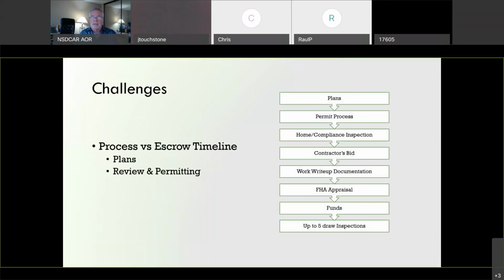One is the timeline it takes to complete this, and the biggest one is we have to put plans together, and plans means hiring an architect. I think architects could be a bottleneck if this market really takes off. I had one push me out 3 months before they could even look at the plans. So that's not going to fly in an escrow window.